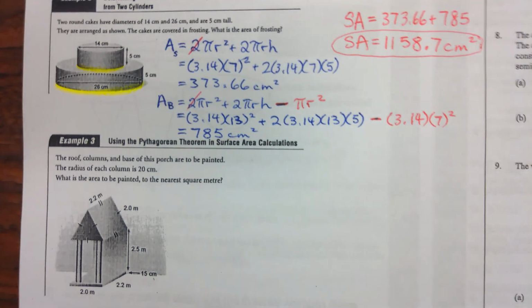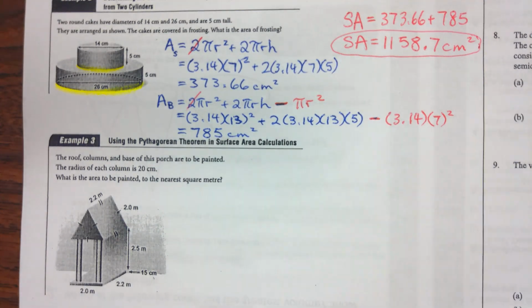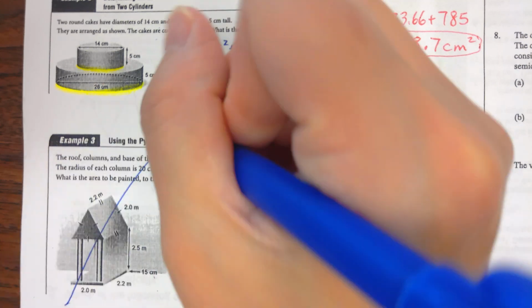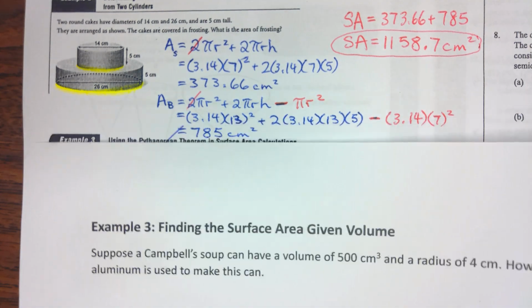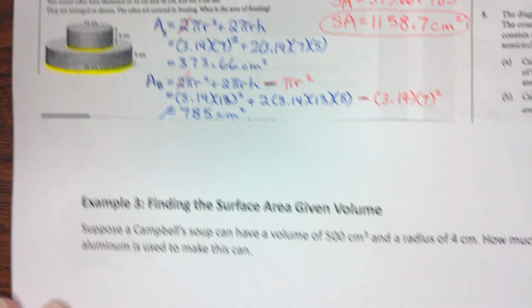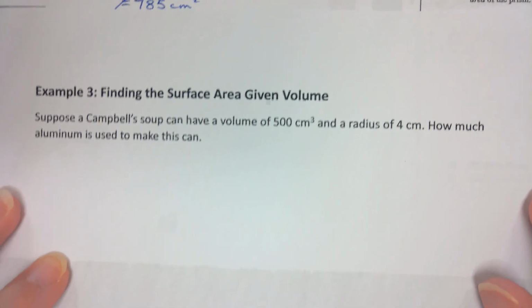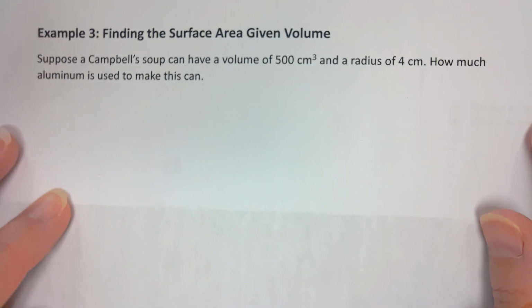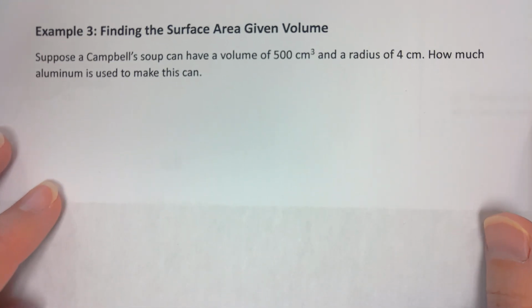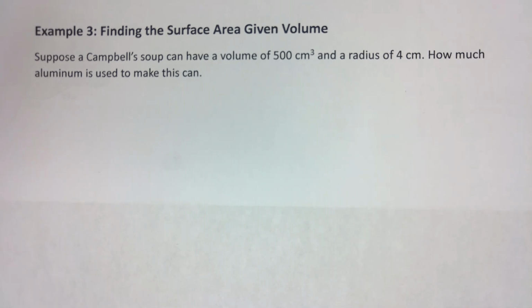Example 3, I actually changed this example 3, so you can just cross that out. All right, new question. If you guys can just write it down somewhere, a new example 3, because that one takes too long. I did it with my gifted class and it took too long.